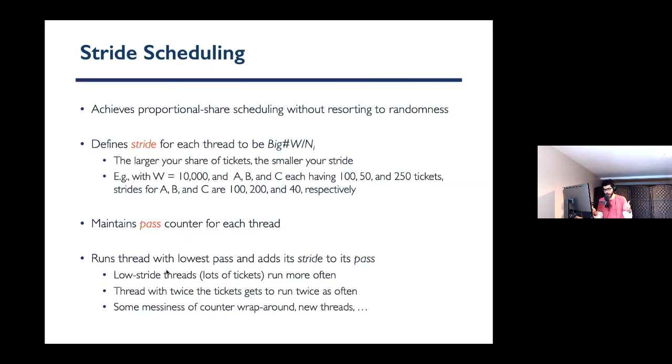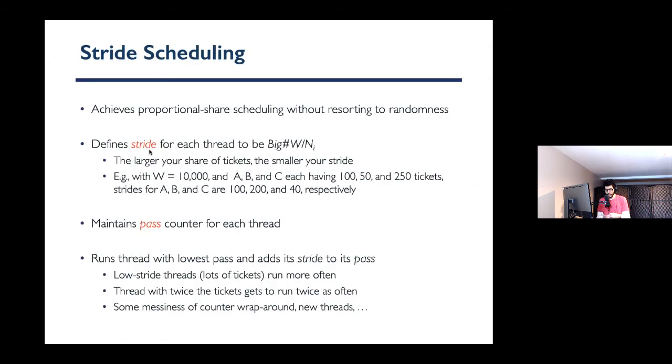And then you will have to wait for other threads' passes to come close to yours and surpass yours, so that you get scheduled next. So as you can see, if you have a bigger stride, you will get the CPU less than others.